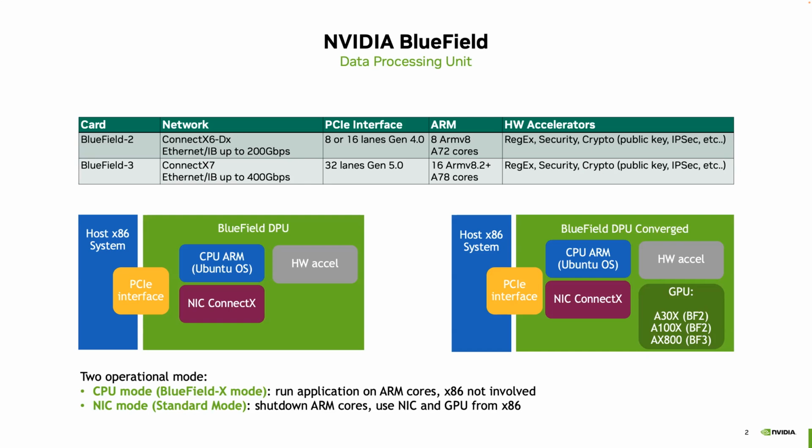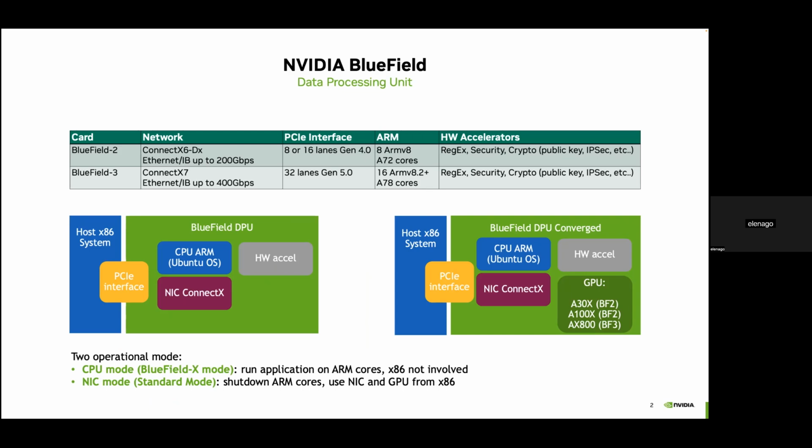And so you can use the DPU in two modes. In CPU mode, that is the one I was explaining, you can SSH into your DPU, and you can run your application on the ARM cores of your DPU using the network card, the GPU, or the other accelerators. Or you can put the DPU in NIC mode. When you put the DPU in NIC mode, you are shutting down the ARM cores.